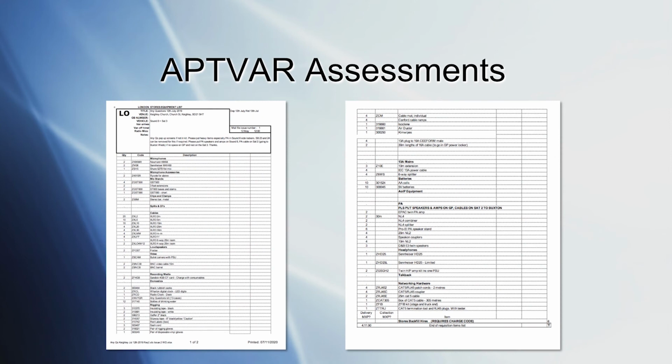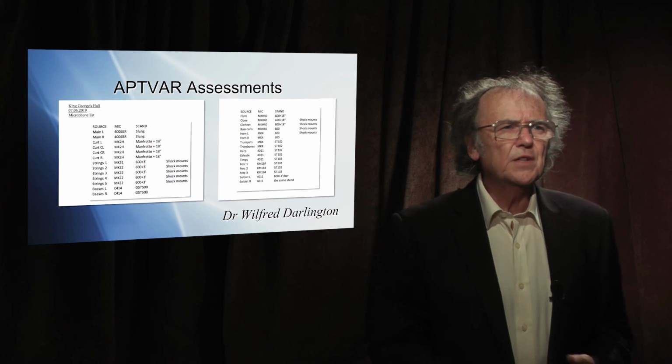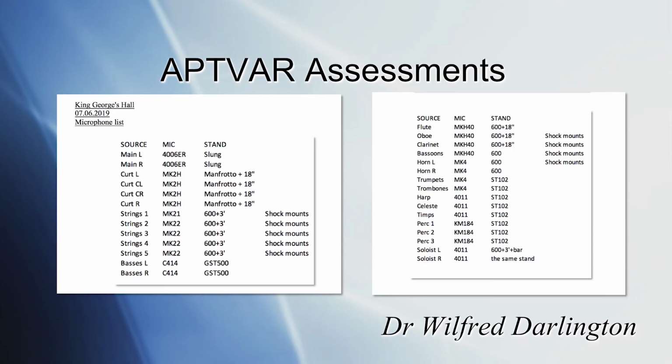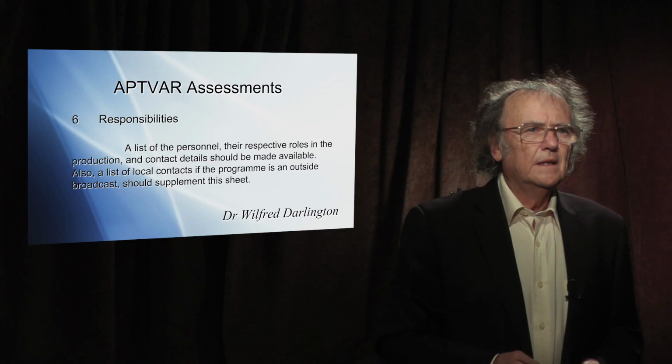Smaller organisations rely on hire companies, but it is not unusual for some major production teams to loan equipment from their own in-house departments and top up with hired equipment. Therefore, a comprehensive list of technical equipment is necessary, itemising, for example, microphones and the stands upon which they will be deployed. PA equipment may also be required.